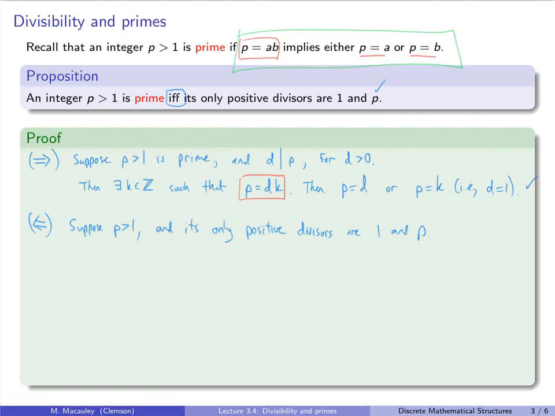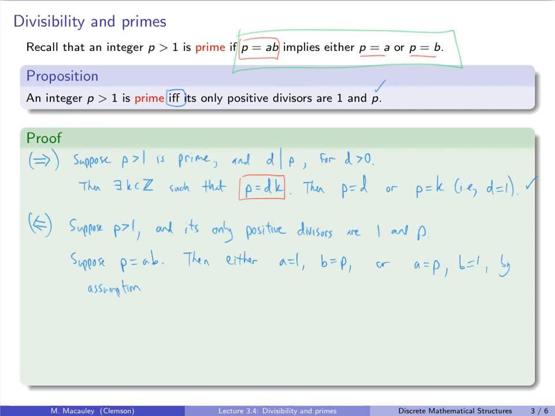So let's suppose that p equals a times b. Let's write that down. Suppose p equals a times b. And now the only positive divisors are 1 and p, which means that then either a equals 1 and b equals p, or a equals p and b equals 1, by assumption.